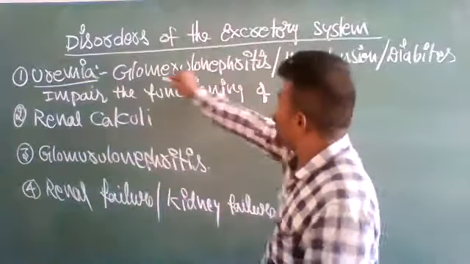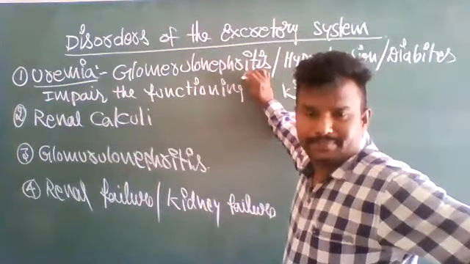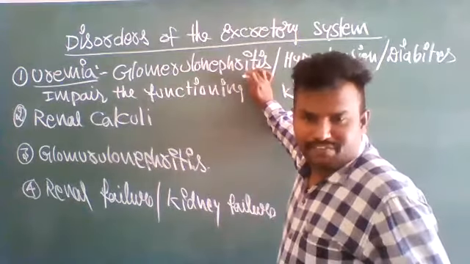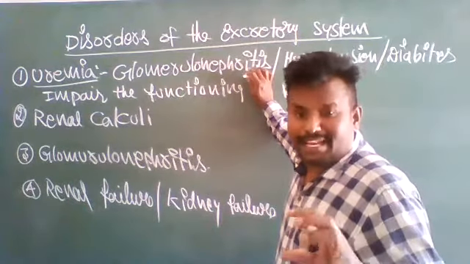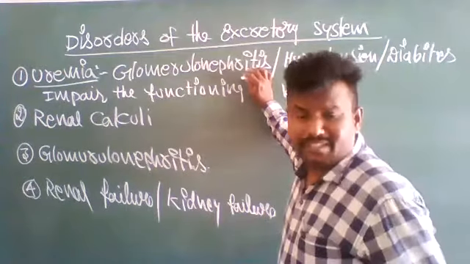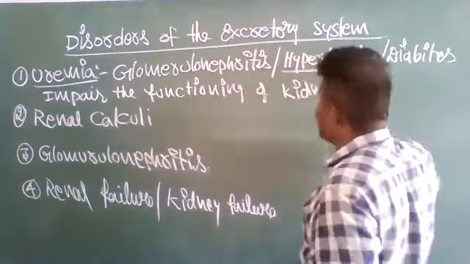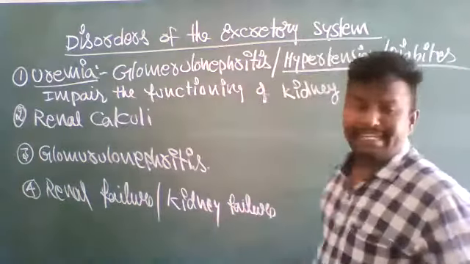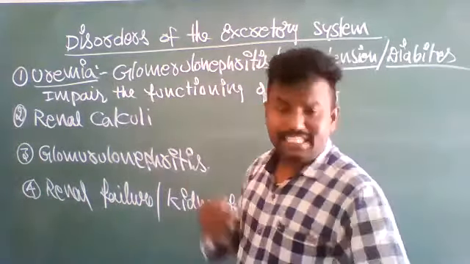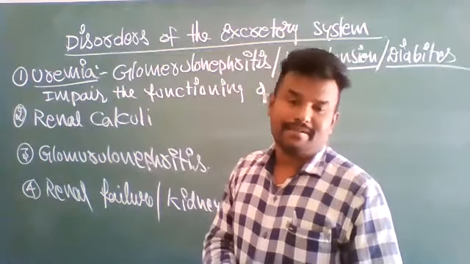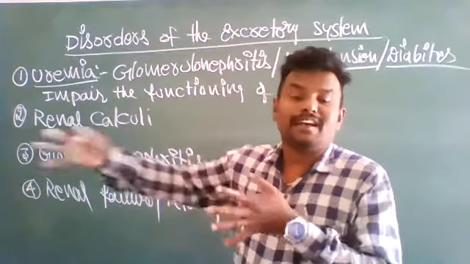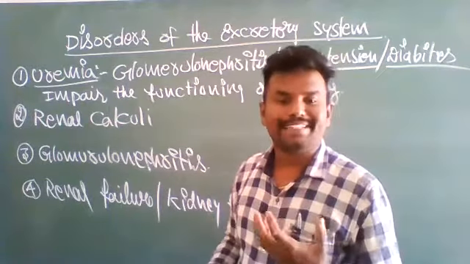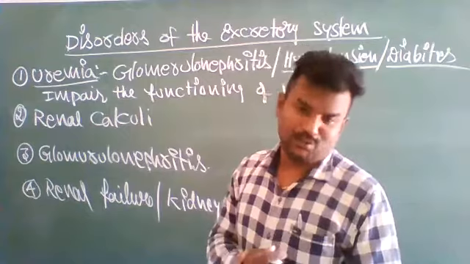When we suffer from glomerulonephritis, hypertension, diabetes mellitus or other diseases that damage the proper filtering of the kidney, our body fluids contain an excess amount of urea.